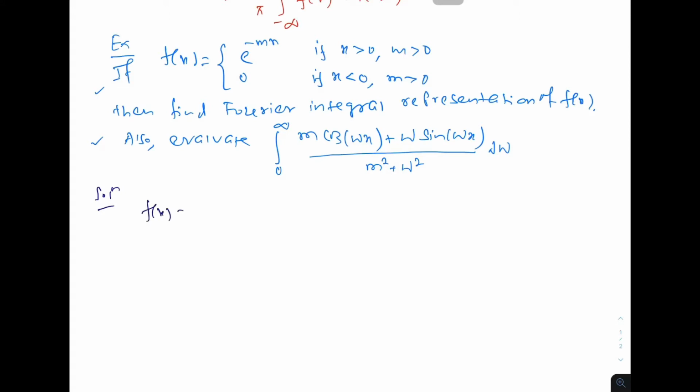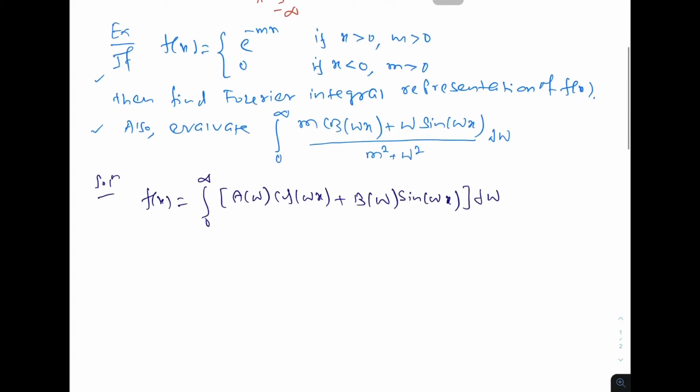So we know the Fourier integral representation is f(x) equal to integration 0 to infinity [a(omega) cosine(omega x) plus b(omega) sin(omega x)] d omega.